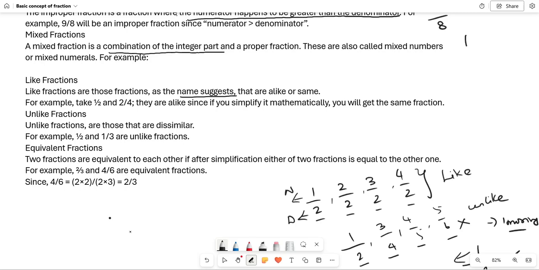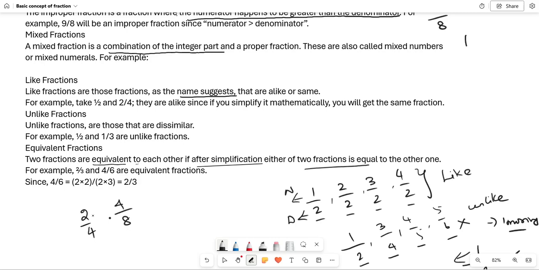What is equivalent? Two fractions are equivalent to each other if, after simplification, one is equal to the other. It's called an equivalent fraction. So 2 by 4 and 4 by 8, we compare.